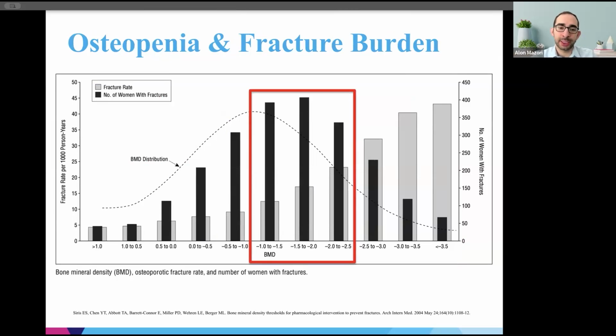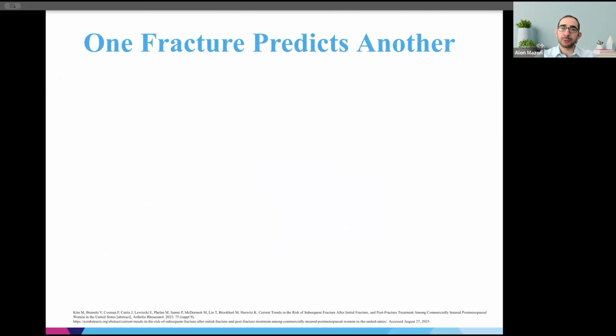However, if we turn our attention to people whose bone mineral density is in the osteopenia range, between minus 1.0 and minus 2.5, we see that the black bars are the tallest. These black bars are the number of women with fractures, or fracture prevalence. Accordingly, both osteopenia and osteoporosis are important because one fracture predicts another.